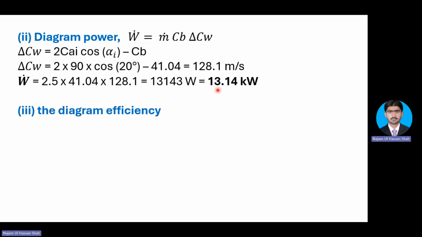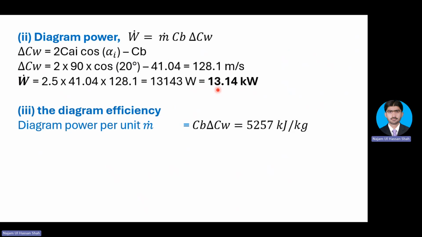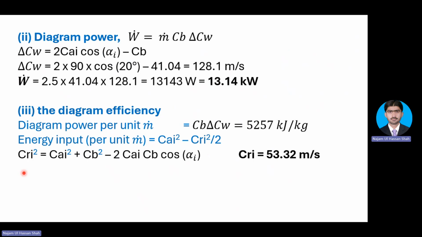Next, we need to determine the diagram efficiency. So first, we need to determine the diagram power per unit mass flow rate, CB delta CW. This is 5257 kilojoule per kilogram. And the energy input per unit mass flow rate is CI square minus CRI square by 2, where CRI square can be determined by this formula.